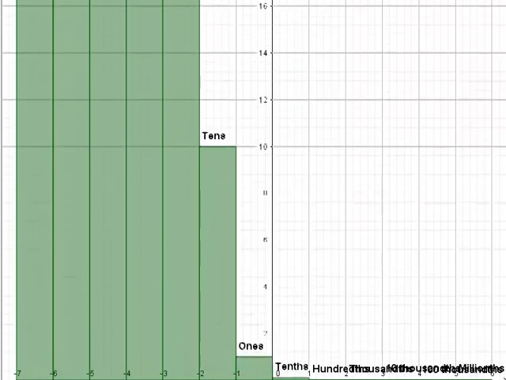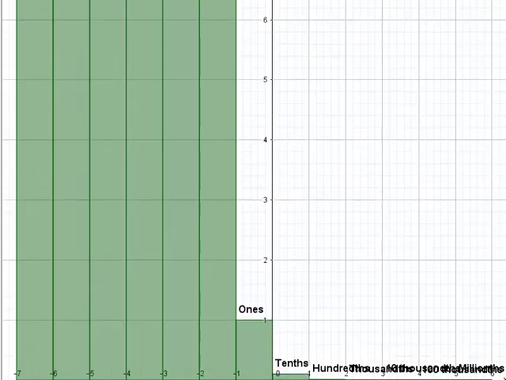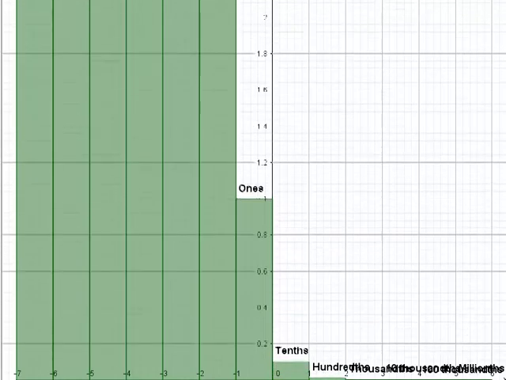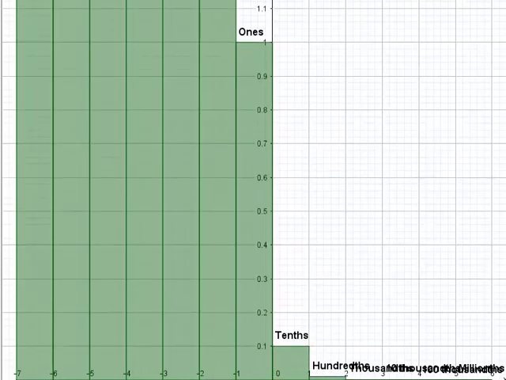You go a tenth as big as that, you're at 1. But we don't have to stop there. We can keep going. Let's go down to 1/10 as big as the ones, and we have tenths. So over here, we're now getting to numbers smaller than 1. If I do the same pattern, every time I go 1/10 as big as this size number, I get to the next column.